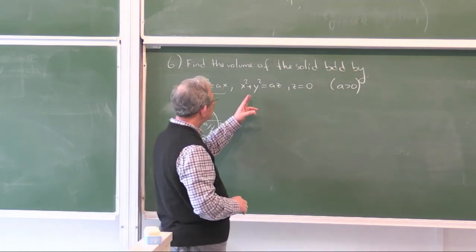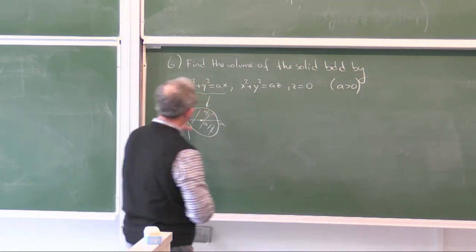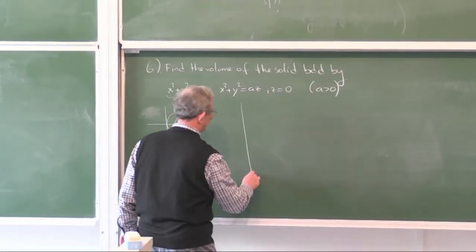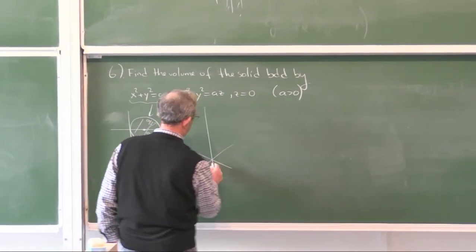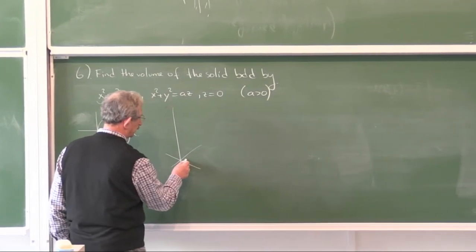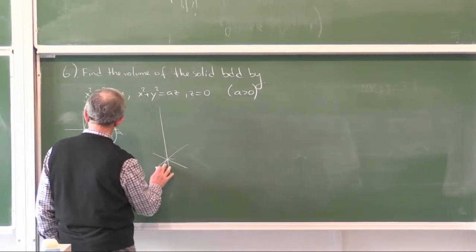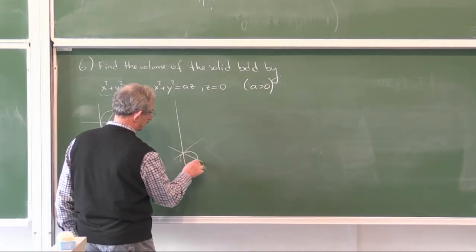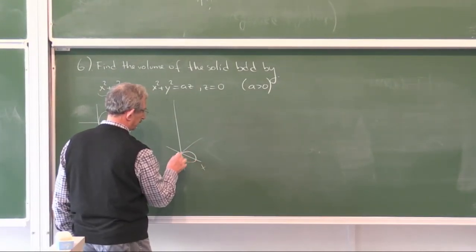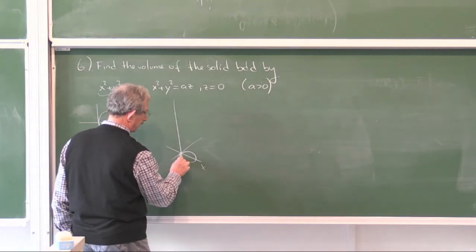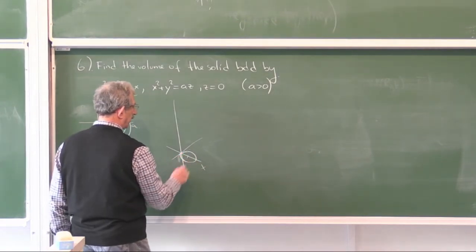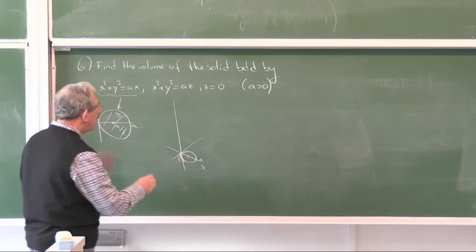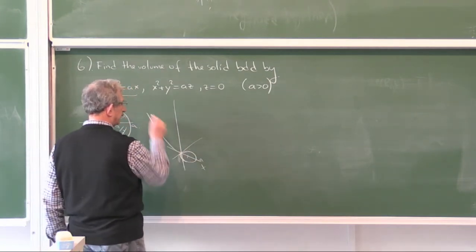Now, the other one is a paraboloid on top of this. Well, let us try to sketch it. Okay, here we have a circle that is along the x direction, so it's like this, with a here and a over 2 here, etc. And on top of it, we have a paraboloid.